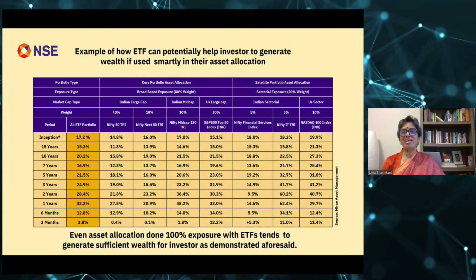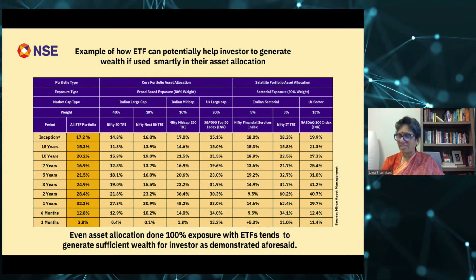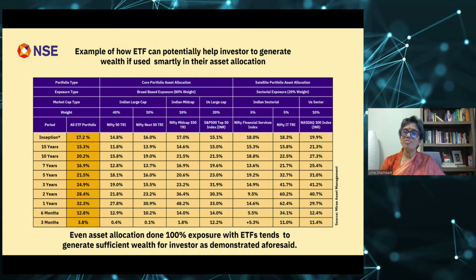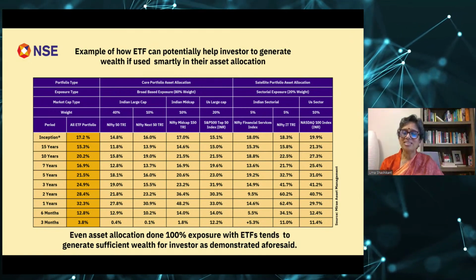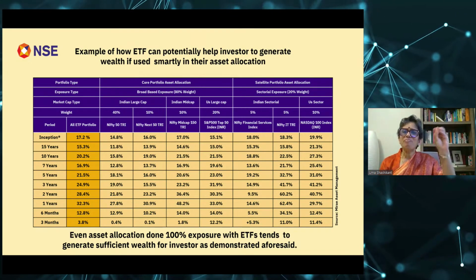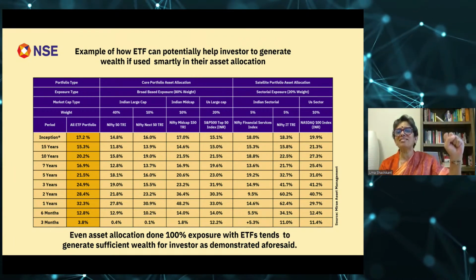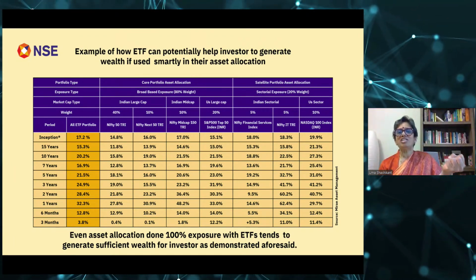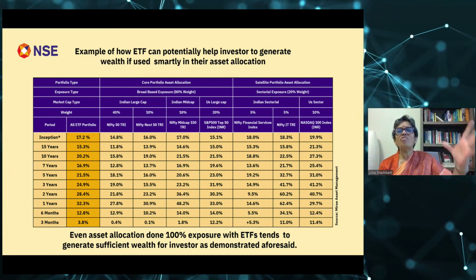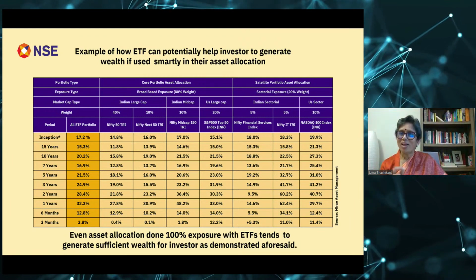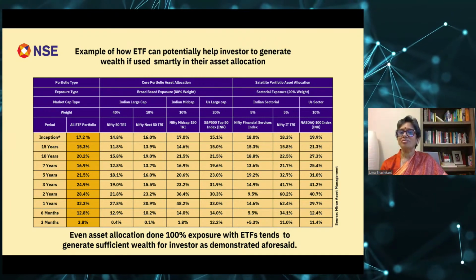It doesn't jump around trying to time and select. Now, why is this product not popular with the retail investor? Because this is a simple technical product created by the exchange. You just bring stocks together. It's very easy for the exchange to bring the portfolio together and offer it as a product. There is no distributor here, so this is a product that the investor has to seek out.